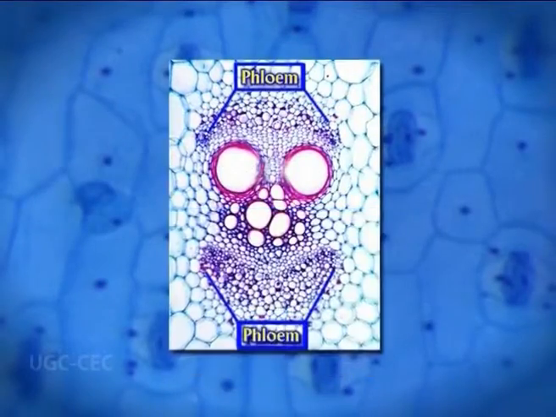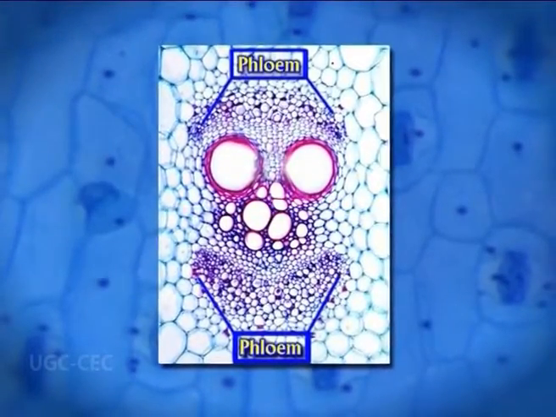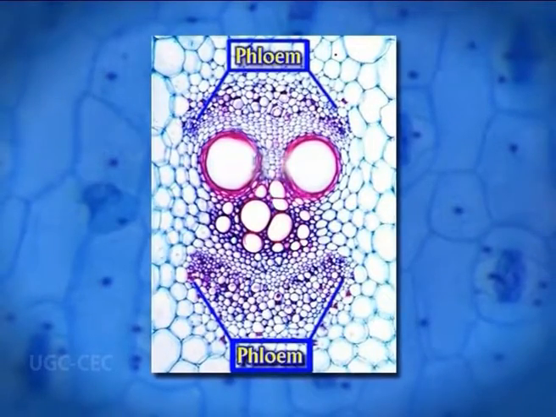The primary phloem is initiated in the embryo or young seedling and is constantly added to during the development of the primary plant body, and completes its differentiation when the primary plant body is fully formed. The primary phloem is also derived from procambium.